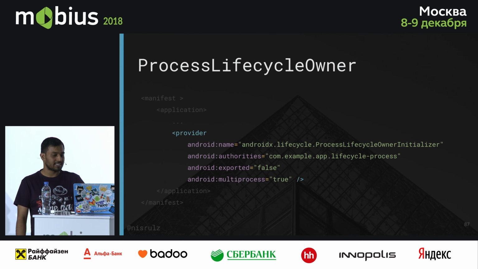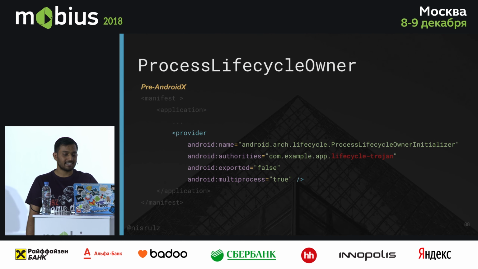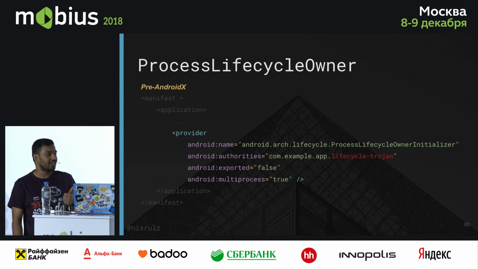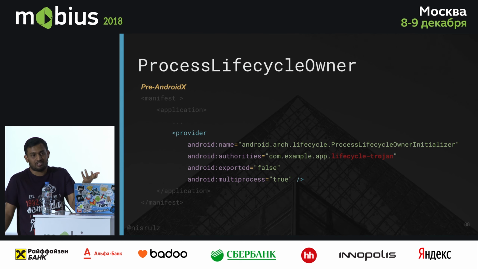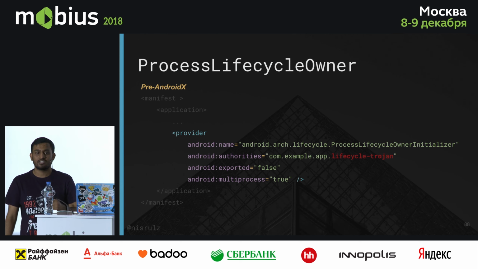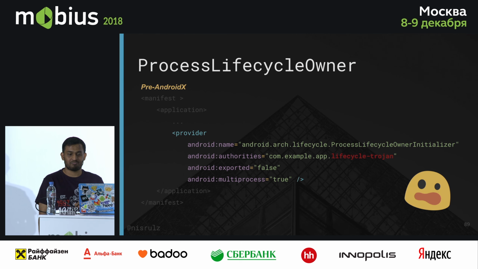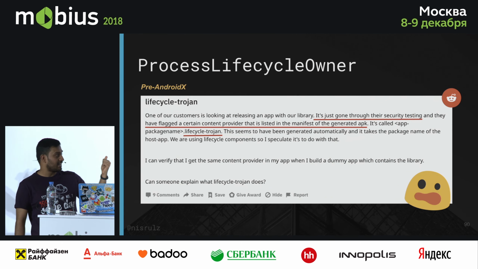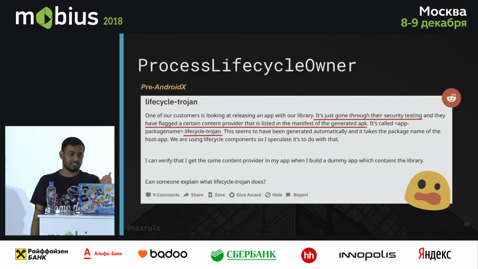The funny thing about this authority string is that pre-AndroidX, it was called lifecycle-trojan. For some reason, the Google developers decided to name it that, and people didn't like it. This is an actual screenshot of a Reddit post.